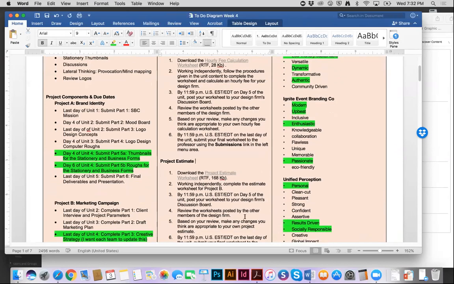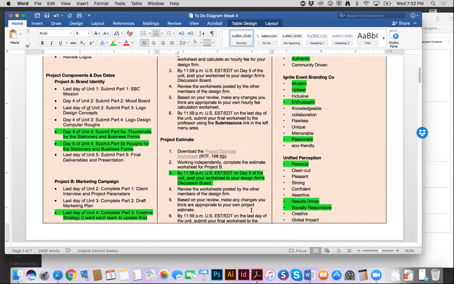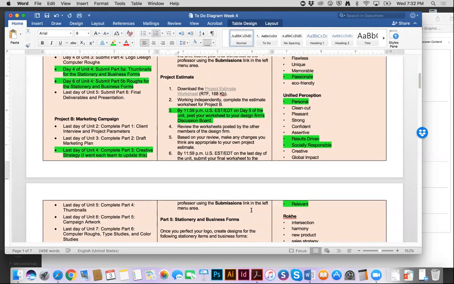Certainly will make it easier to deal with. The project estimate worksheet is pretty simple at that point to fill out. So that would be, let me highlight that, Day 5. Okay, now that is required. Any questions on that? Other questions?